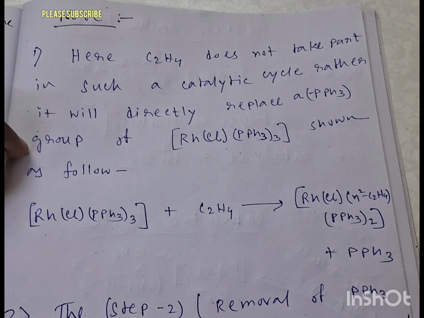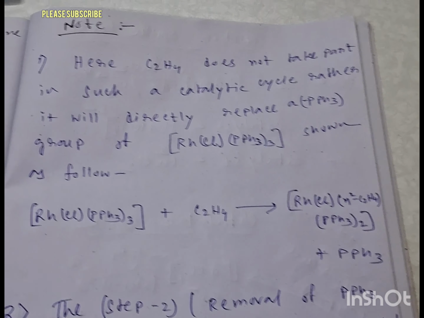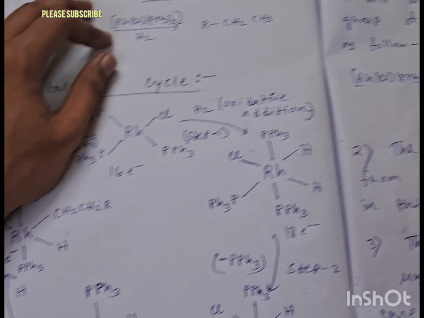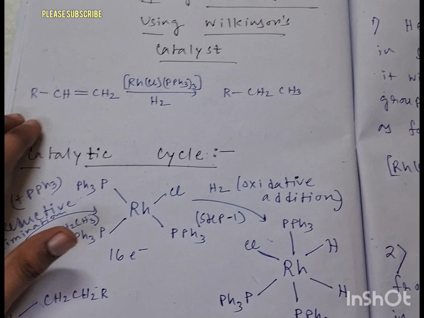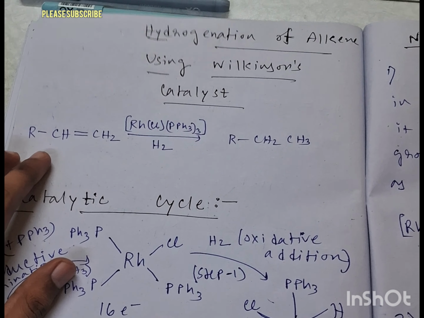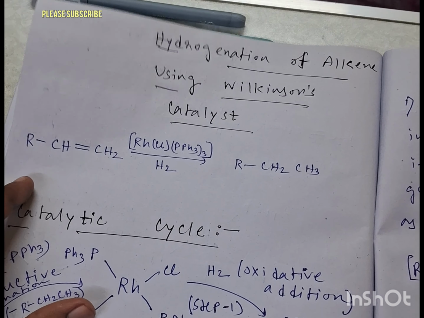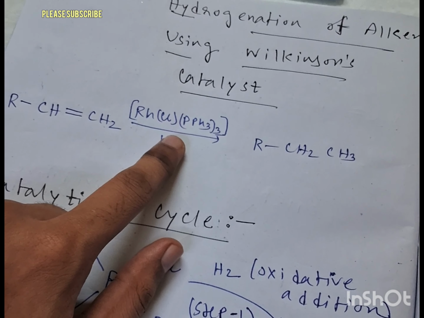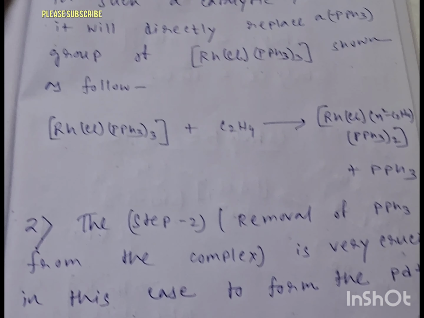The ethylene cannot take part in this case, because the catalytic cycle which I have shown you is only applicable for such unsymmetrical alkenes, propene or pentene, right? Ethylene, since it is a symmetrical alkene, readily replaces one triphenyl phosphine group, and that's why such a type of catalytic cycle does not take place.